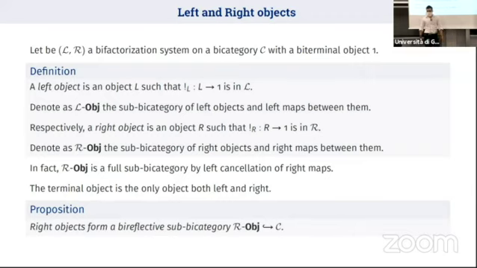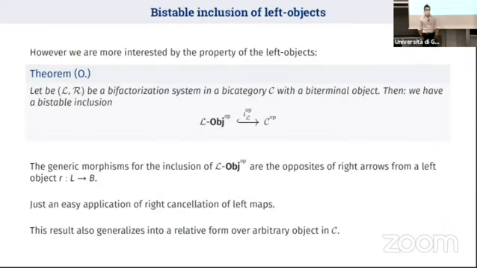And in fact, it is even a bireflective subcategory, which is a categorification of a well-known result in the one-dimensional case. But what I am interested in is the property of the left objects. Because if you look at the opposite of the inclusion of the sub-bicategory of left objects into your ambient bicategory, then you get a bistable pseudofunctor, which happens to be faithful.